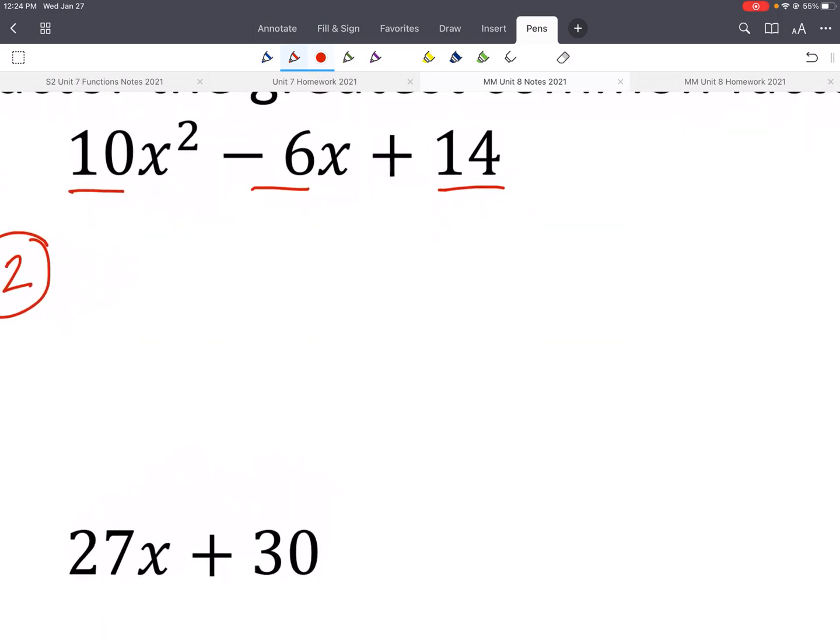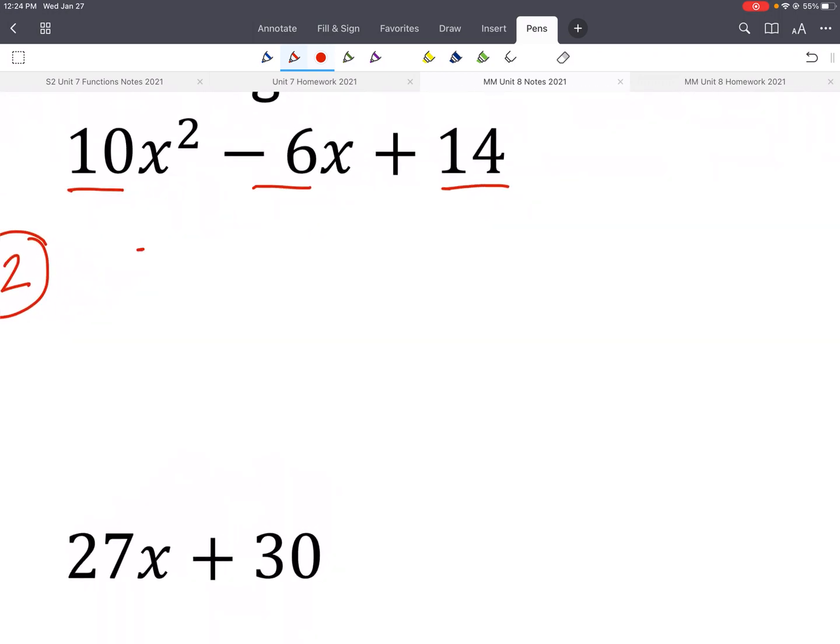One way you can do this, another way, this is how I taught it last year. I tried to make the numbers a little smaller so that you could just look at it. But one way you could do it is to write down factor pairs. So things like 1 and 10, 2 and 5, 3 doesn't go into 10, 4 doesn't go into 10, and then we're back to 5.